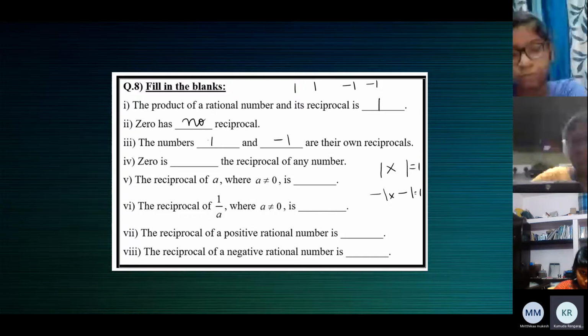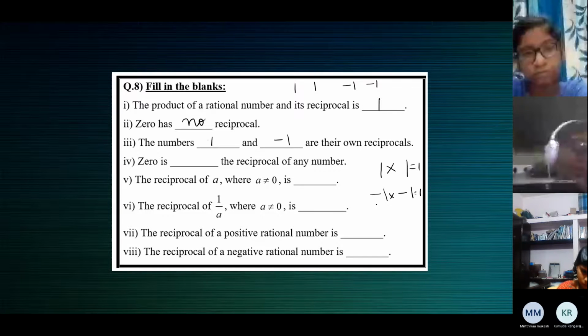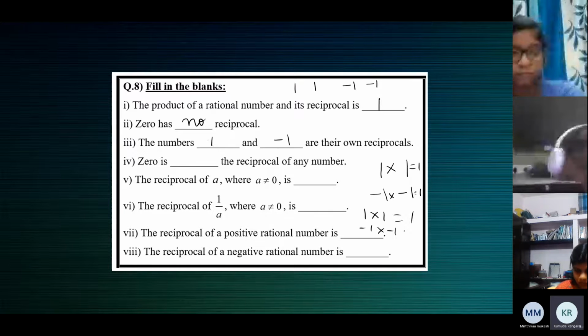We know that the product of a number and its reciprocal should always be 1. Only then it's the reciprocal. The product of the number and its reciprocal should be 1. So 1 into 1 is 1, -1 into -1 is 1.